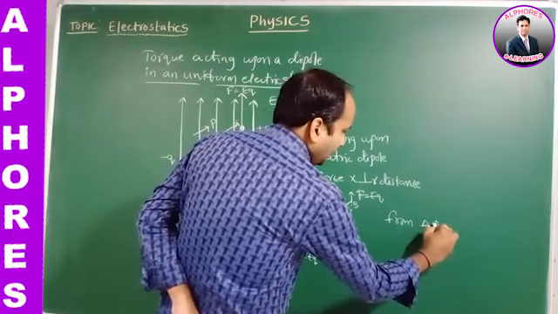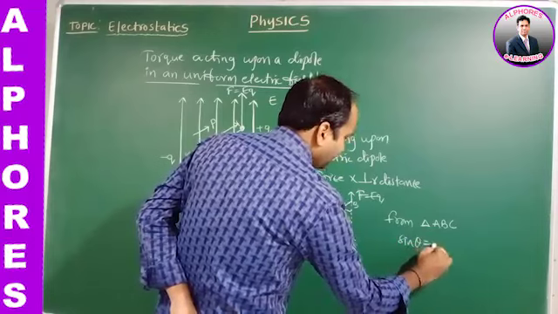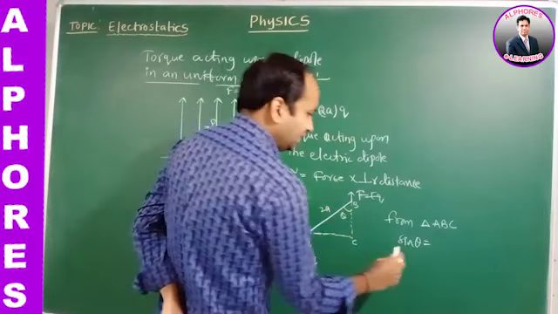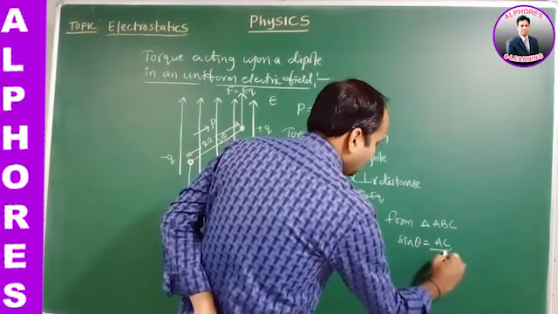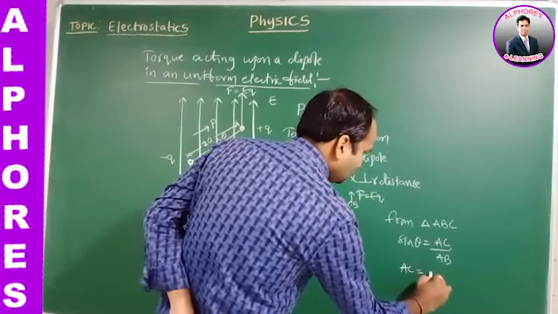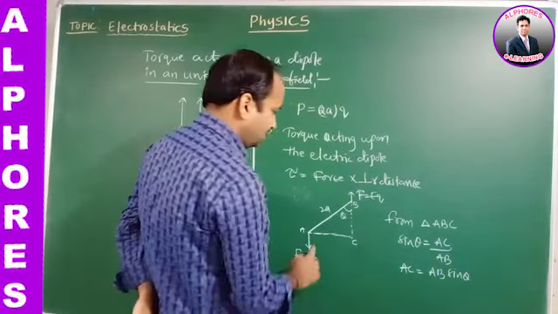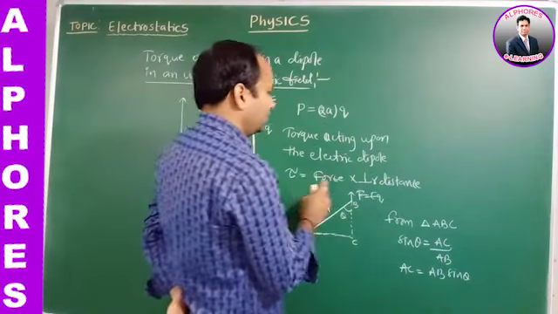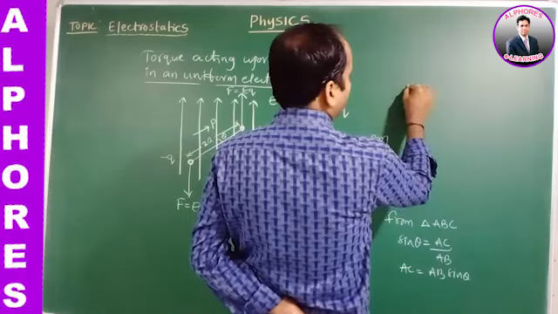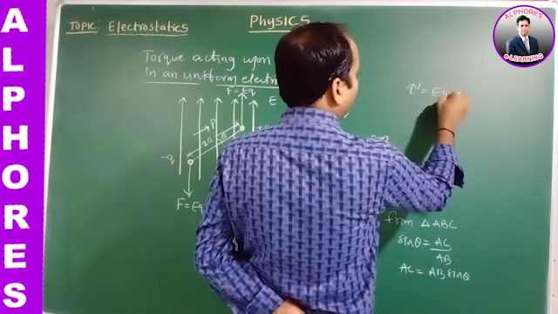from triangle ABC, sin theta is equal to opposite by hypotenuse, AC by AB. So AC is equal to AB sin theta. What is AC? The perpendicular distance here. Torque tau is equal to force times perpendicular distance. What is the force?